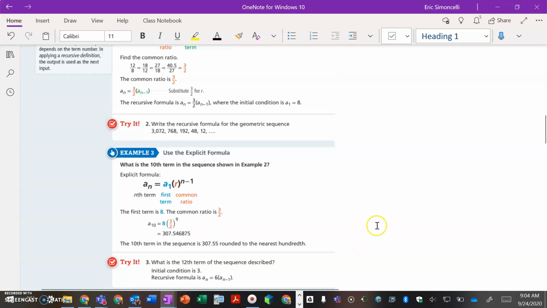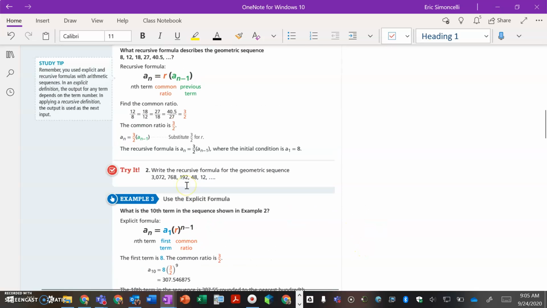So explicit formulas are way easier to work with than recursive formulas, in the sense that I don't need to know the term before 10 to find the 10th term. I can find the 10th term by just plugging in 10. I don't have to know the 9th term. With the recursive formula, I would have to know the 9th term. I could find the 100th term right now.